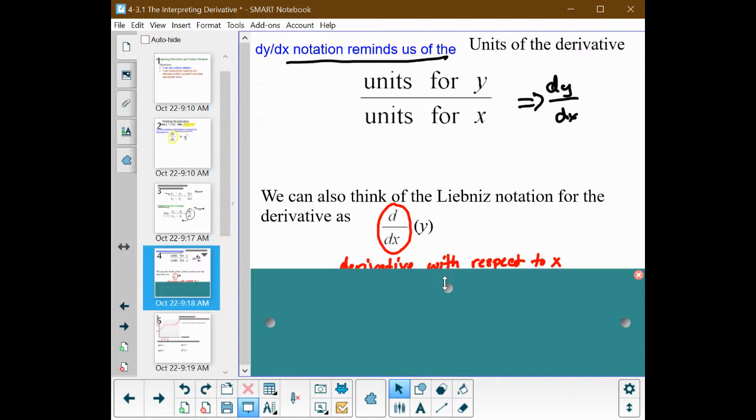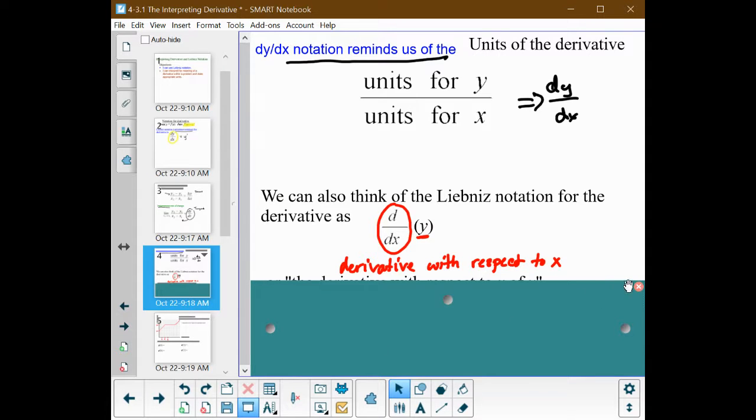Right now that doesn't mean a ton to you, the derivative with respect to x. We're going to move into examples where we're not taking the derivative with respect to x anymore. Our independent variable will be something different, and we're taking the derivative with respect to a different variable. But in this case, that d over dx is telling us that we're taking the derivative with respect to x of our function y.